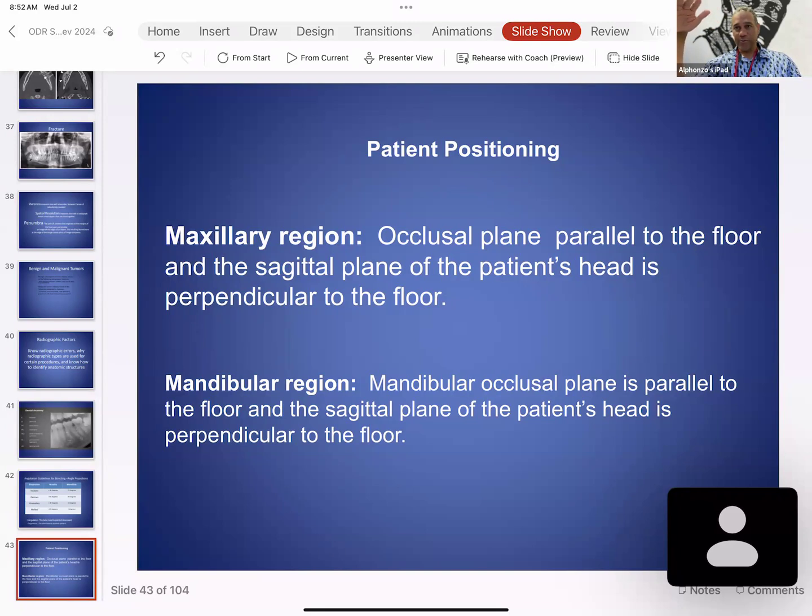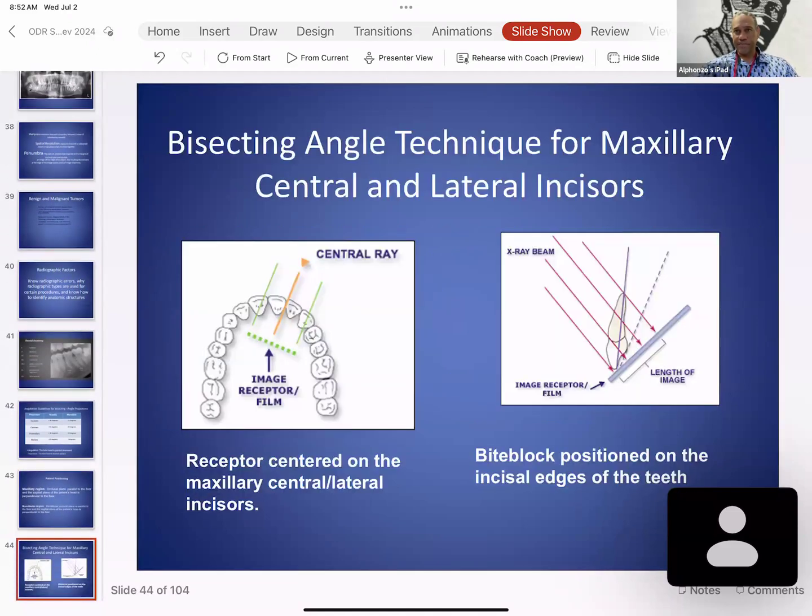You want it parallel to the floor. If you're trying to get the mandibular, you want it parallel to the floor. So that means you need to tip the patient's head back. If the mouth is open, you have to tip the patient's head back to get it parallel. So just understand that concept.